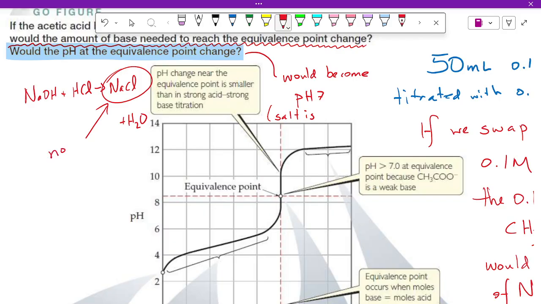No. So pH changes, it would become pH equals 7 because the salt is NaCl and there's no hydrolysis. So the volume taken to get there would be the same, but the pH at the equivalence point would be different.